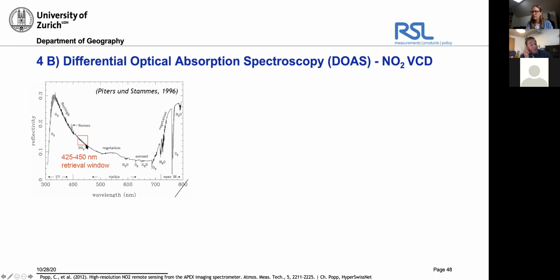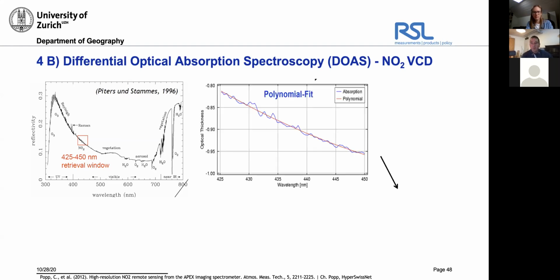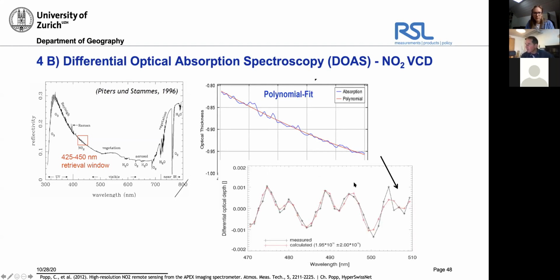And you can do, again, a kind of smoothness criterion. You start doing a few corrections. You do a polynomial fit, and you search for the best fitting or least deviating nitrogen amount within this wavelength range. So that's how it's done.